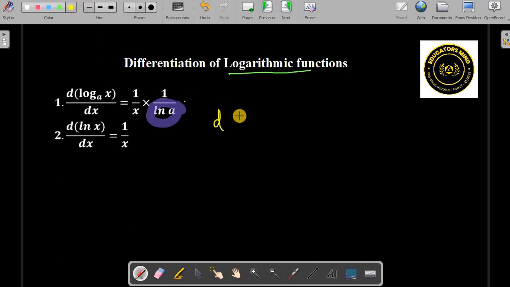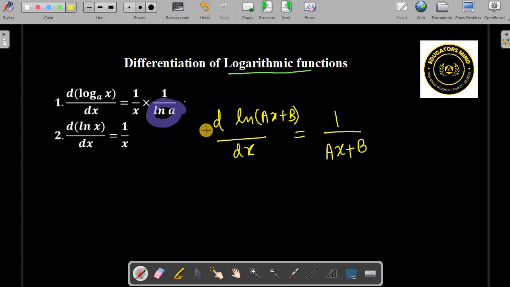For example, if they give differentiation of ln(ax plus b) with respect to x, this will become 1 by (ax plus b), and again you have to multiply by the coefficient of x, that is a. Like this, all these are based on chain rule modification, you can do that.